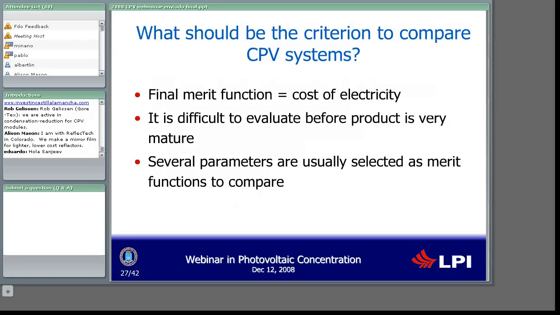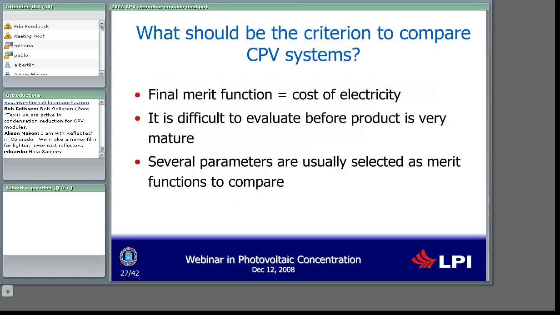The problem is that it's very difficult to evaluate that cost before the product is already mature and has been in the field for many years, which is not the usual case in most CPV systems under development. Instead of trying to evaluate the full cost, it's usual to select several parameters which are considered important for the final cost as merit function in the comparison.